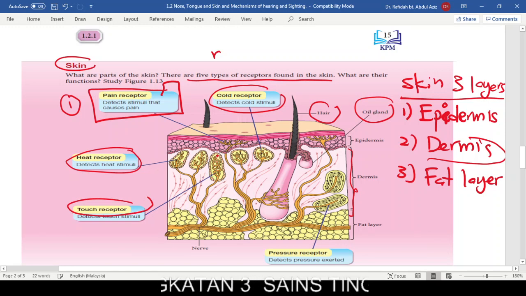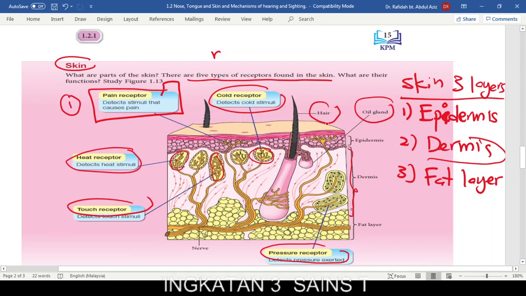So this is the structure of the touch receptor, the cold receptor, and the heat receptor. And at the lower part of the dermis, we have the pressure receptor, which detects pressure that hits the skin.